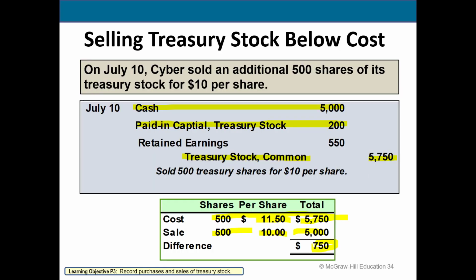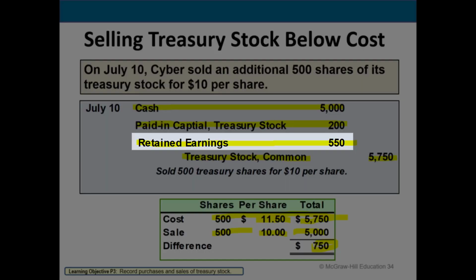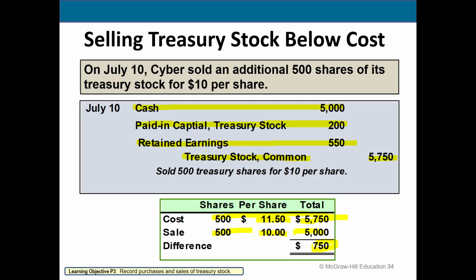Any remainder after that has to be debited to reduce retained earnings. So you have to do a side calculation and determine how much you have in the paid-in capital treasury stock account. If the balance is not great enough for the deficit, the amount you sold it for less than what you paid for it, then you have to take the remainder out of retained earnings.